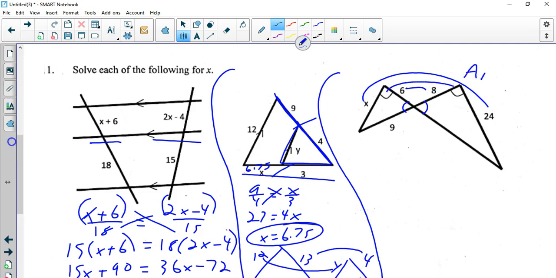So by AA similarity, we know they are similar. So I can say 6 to 8 equals x over 24. 8x equals 144. And when I divide, I get 18. And that is all.